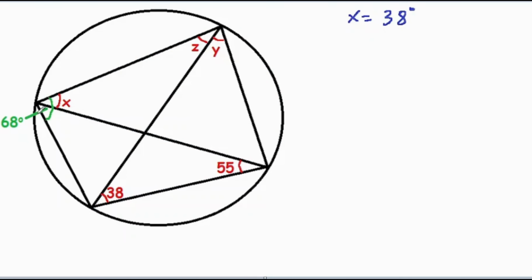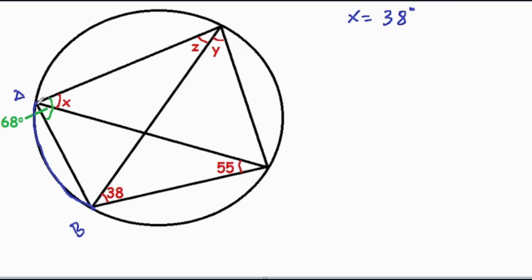Moving on, let us look out for the arc subtending angle 55 degrees. Here's the arc. Follow my blue ink. Let's label this as A and this as B. So arc AB is subtending angle 55 degrees.